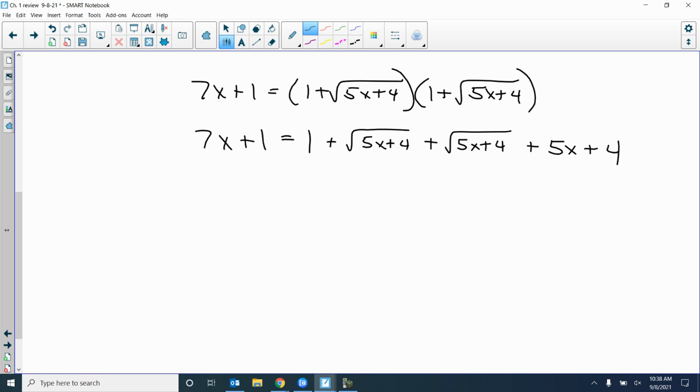All right, on that right-hand side, I'm going to group my like terms together. Left-hand side is still 7x plus 1 equals 5x plus 5 plus 2 radical 5x plus 4. I'm going to stop and make sure you're caught up.